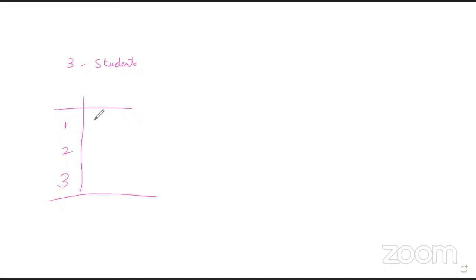So one student I can select in 3C1 ways, 3C2 ways, 3C3 ways. I can simply add them all, right? Why am I adding? Because either this will happen or this will happen. It is not a simultaneous occurrence, right?